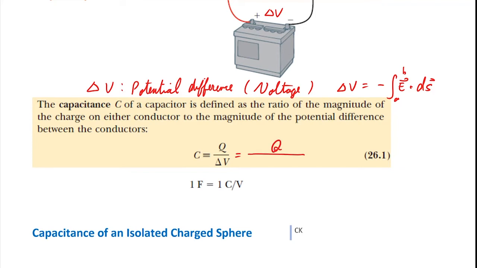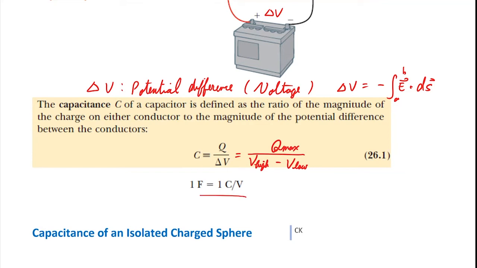So this is maximum charge divided by higher potential minus low. Even if you have a negative integral value, you always want to take the absolute value, big minus small. Otherwise, negative capacitance makes no sense, right?